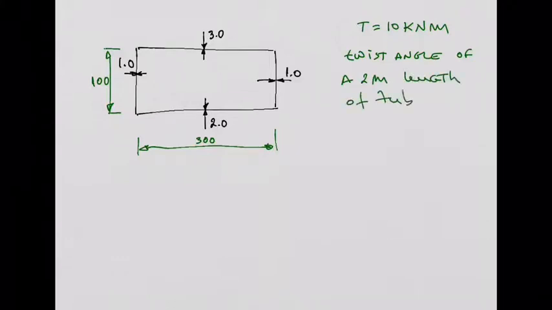And they give you the material properties, so the modulus of rigidity is 28 gigapascal. Okay? So the expression we need to use, so we need to use this expression we just derived, 1 over 2GA.